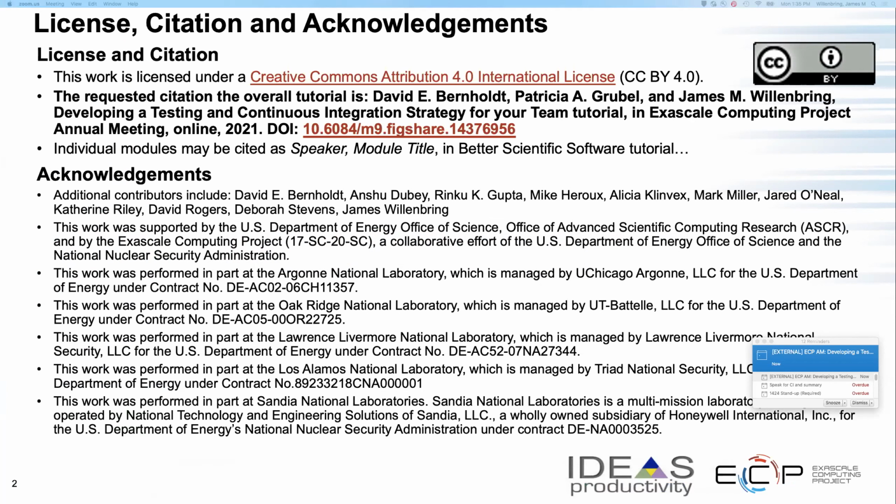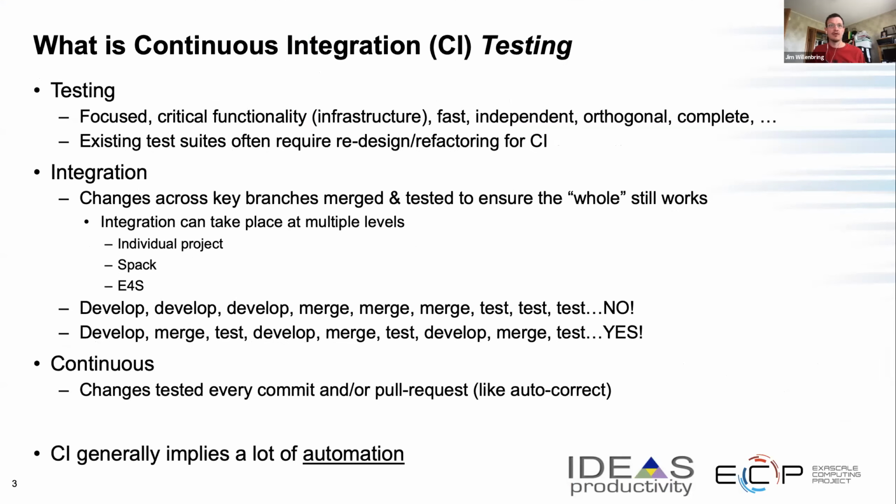All right. So we've talked about CI quite a bit already, both David and Pat, but we haven't really talked about what CI is yet. And so I want to start there. The tests run for CI testing tend to be a curated, sometimes even a different set of tests than what you use, for example, for nightly testing.